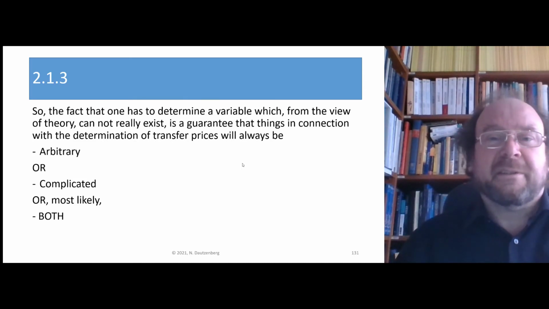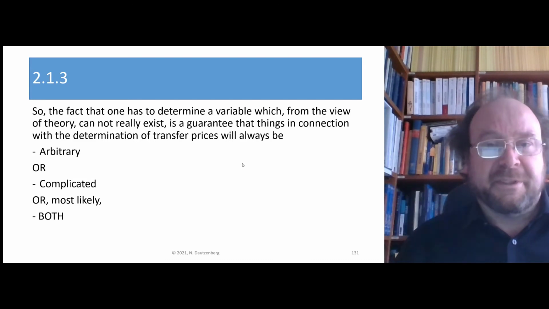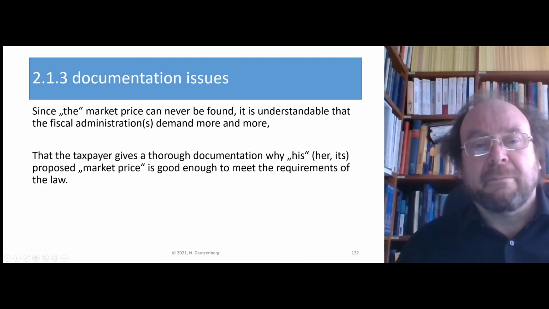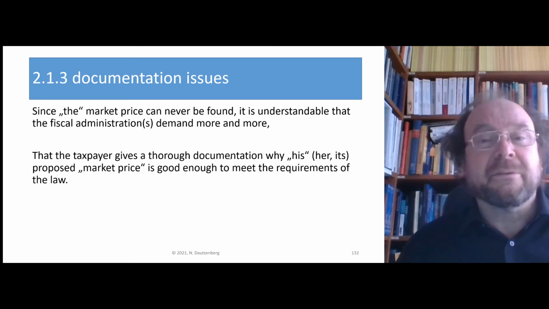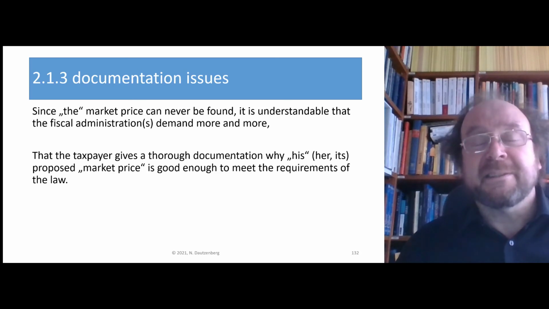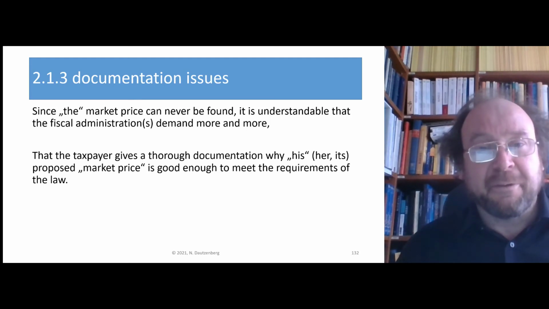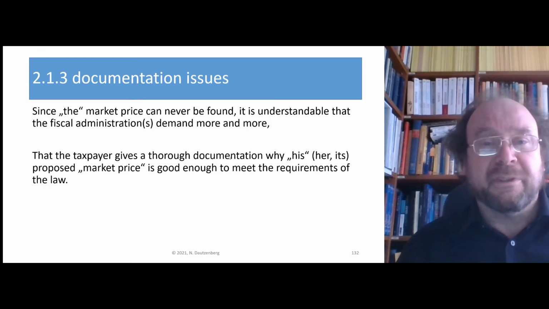You can only decide arbitrarily, but they want you to show that your decision was not arbitrary, and so this is something complicated. To follow contradictory aims usually is nothing which is going to make the people involved very happy. Well, every psychologist can tell you that, and we can show it here in transfer pricing.